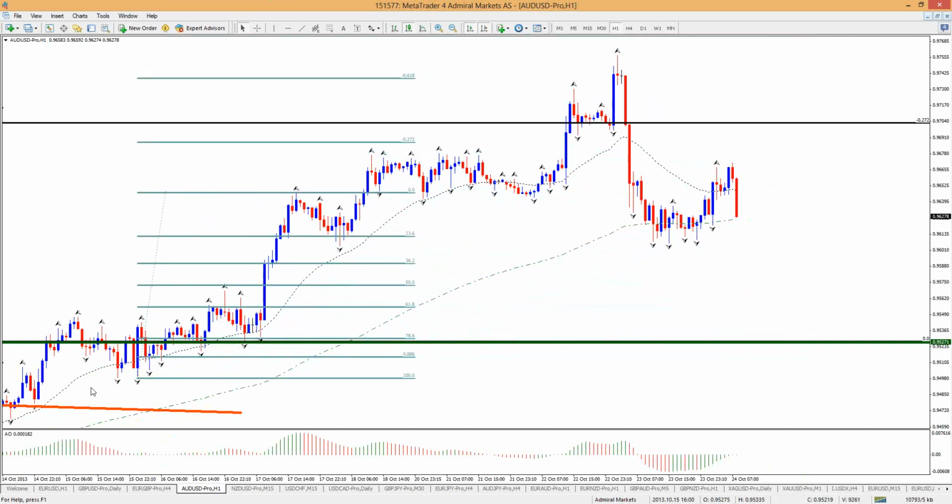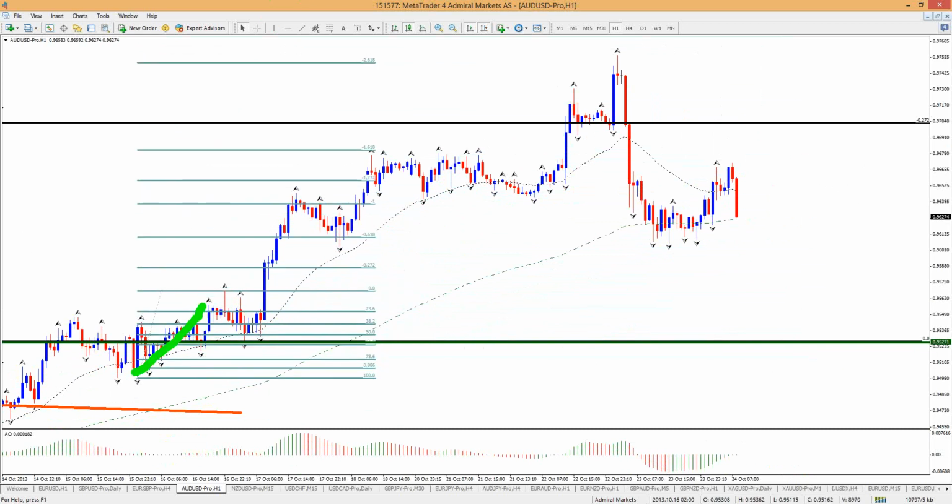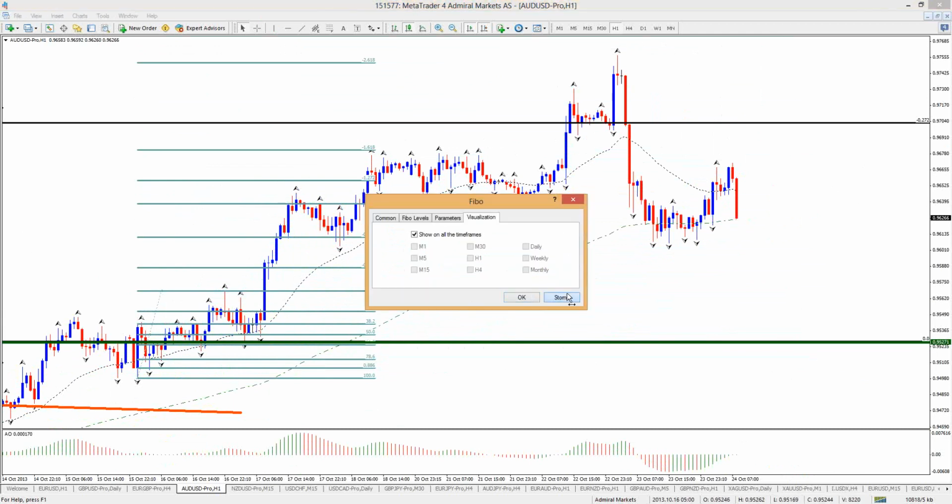Let's fib this upside here, this first upside. You don't want to put too many fibs in this part, because it's all within this top to bottom here. Once we move away and hit the targets, then we could put a new fib from here to here, right? That's what I mean. Alrighty.